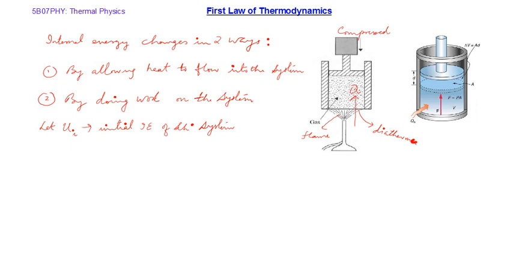If Q is the heat entering the system, we are following a sign convention for heat also here. Heat entering the system will be taken as positive. That is the convention that we are following here. Then what will be the internal energy? The internal energy will be increased. Already there is an initial energy Ui. With that, I have to add the heat that has entered the system.